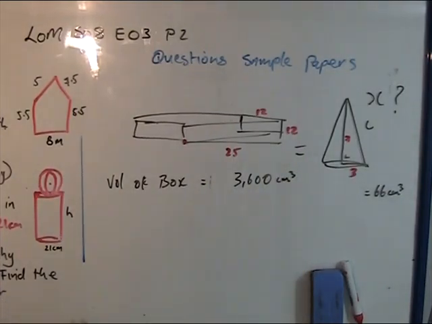Now it goes on, and the last part is always tricky. Find the maximum number of candles that can be made from this block of wax, if 4% of the wax is lost in the process. Now 4% of the wax is lost probably through heating.